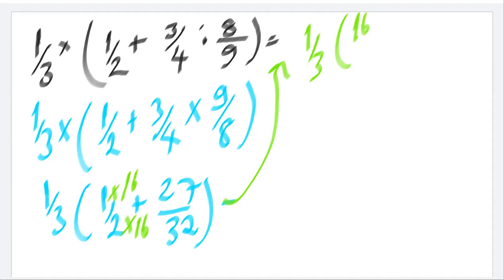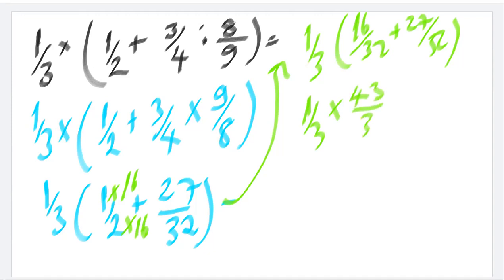So it becomes 16 over 32 plus 27 over 32. So always first. Now 16 plus 27 is 43 over 32. And now we just multiply because it's not possible to simplify. 3 times 32 is 96.